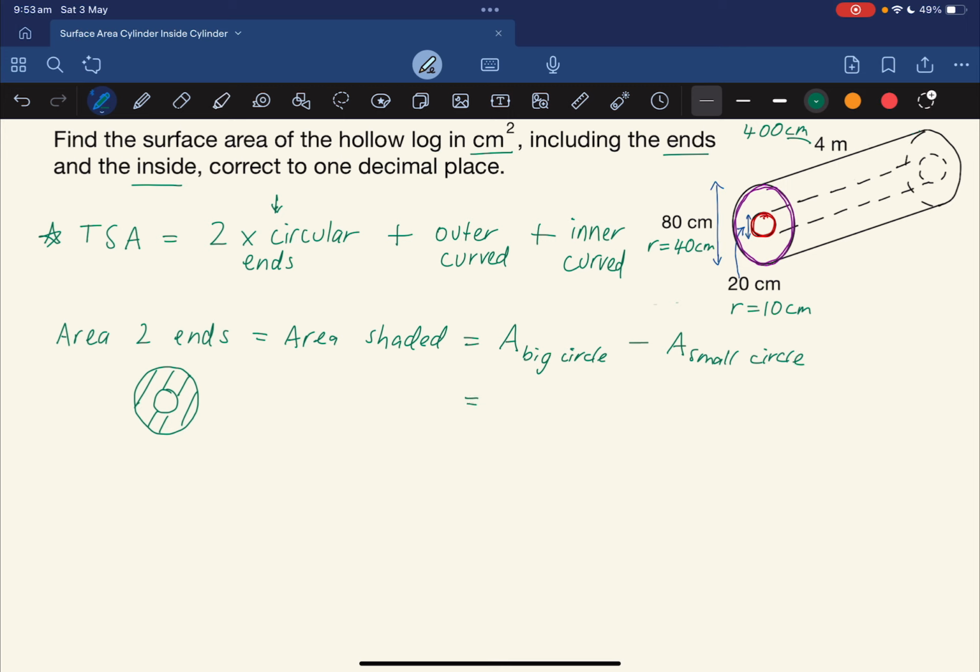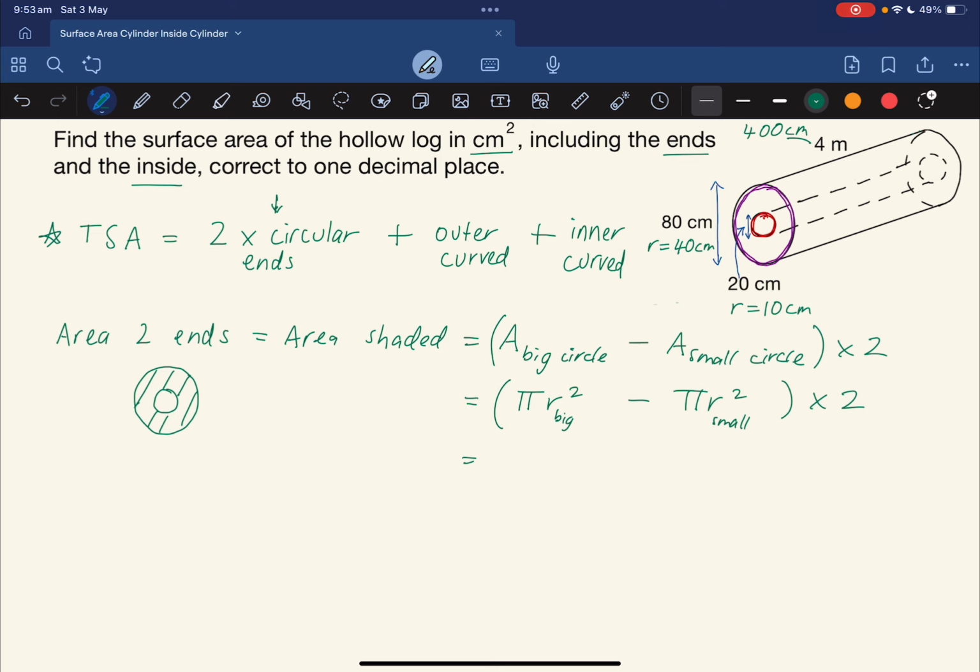And then let's just put in some formulas, and we need to times that by 2 because there's 2 ends, so I'm just going to do that straight away. Area of the big circle, let's put some formulas in. Well, area of circle is just pi r squared, so let's just do that. Not get too caught up in it. And I'll just say big and small.